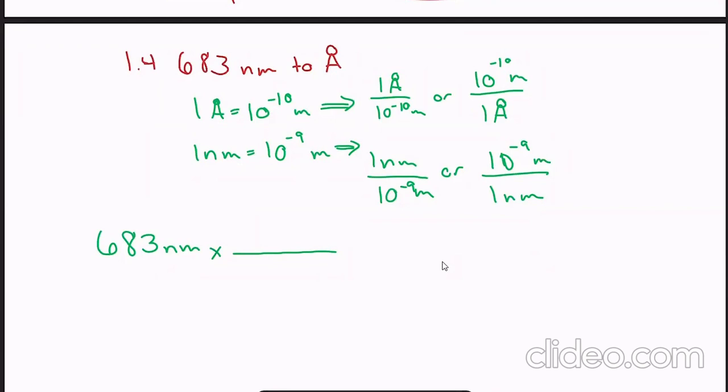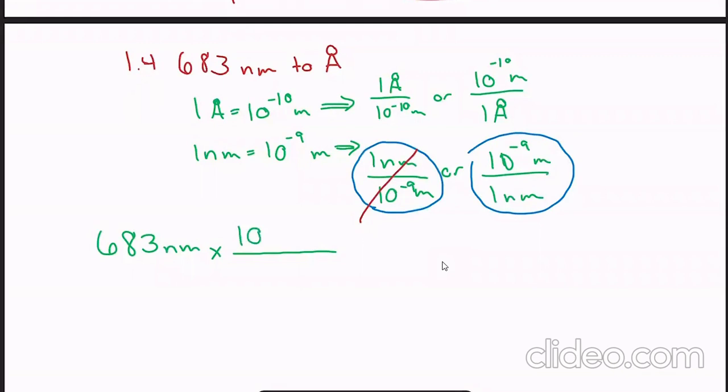Even though both of these conversion factors are from the same definition, only one of them is going to allow you to cross-cancel. If I set this fraction up, 10 to the minus 9 meters over 1 nanometer, the meters in the numerator cancel the nanometers out in the denominator.